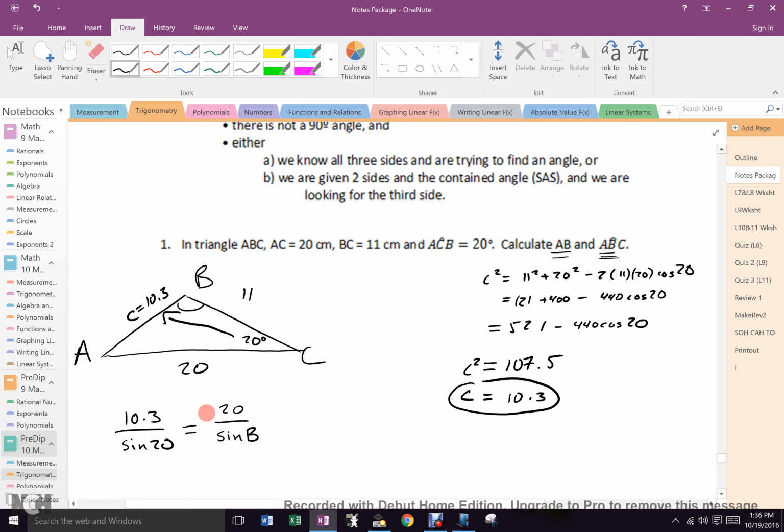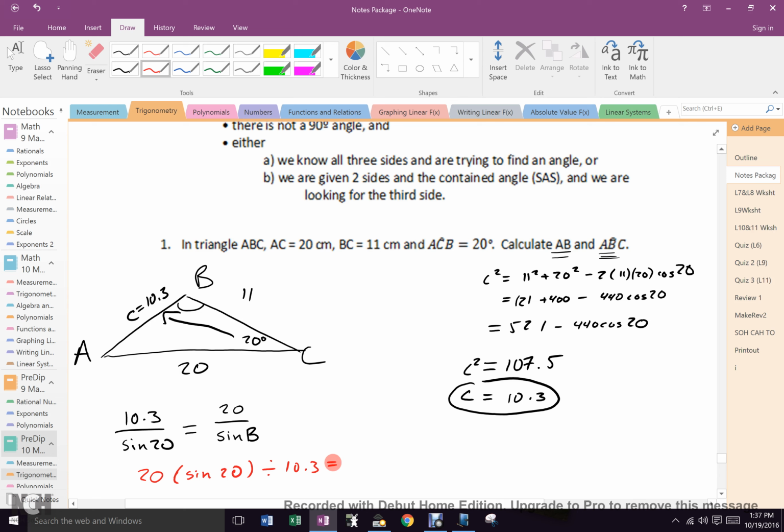So what am I punching into my calculator here? 20 sine 20 divided by 10.3. That's going to give me an answer. Once I have that answer, what do I do? Shift sine.